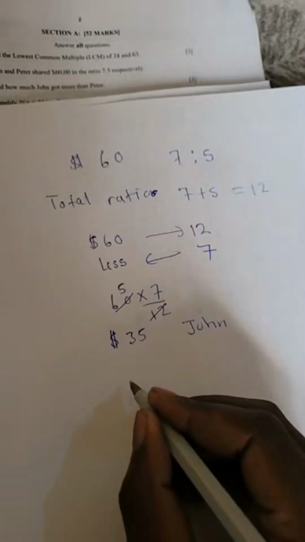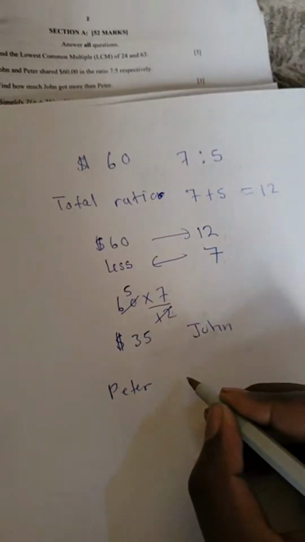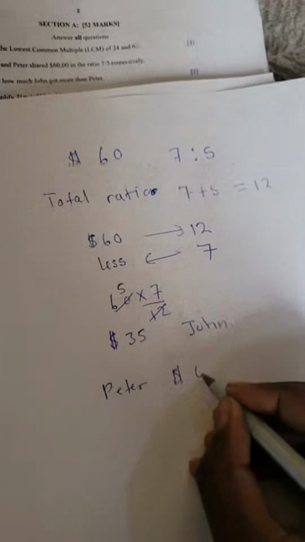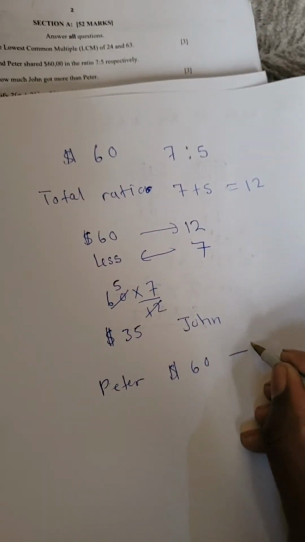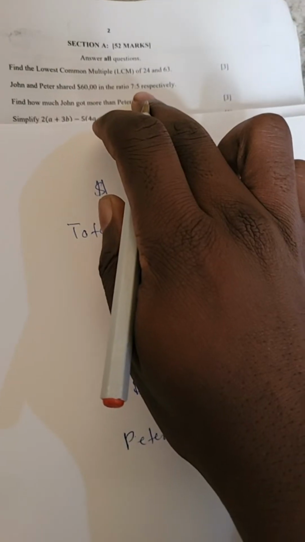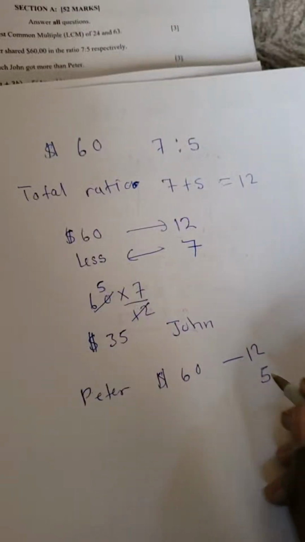So what about Peter? For Peter, we are going to say $60 is for the ratio of 12. As for Peter, the ratio is represented by 5. So we are going to put 5 here.